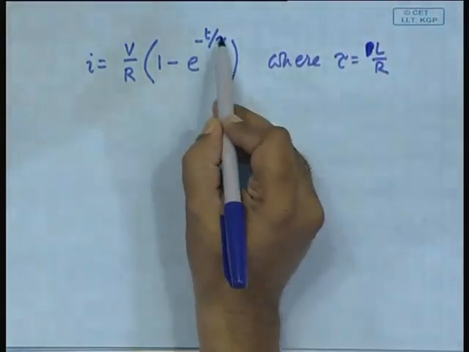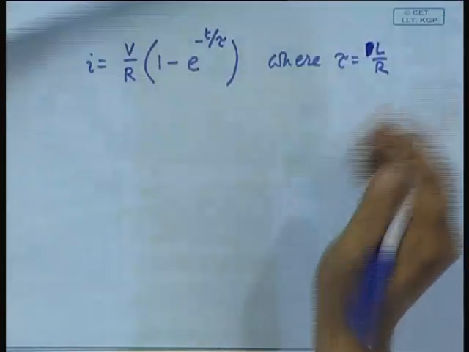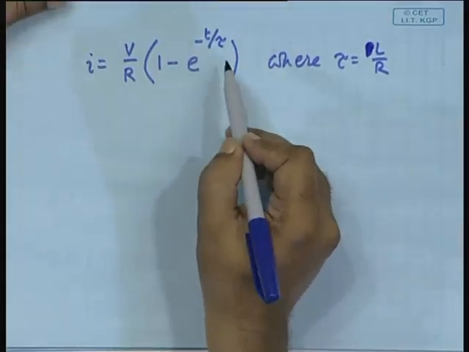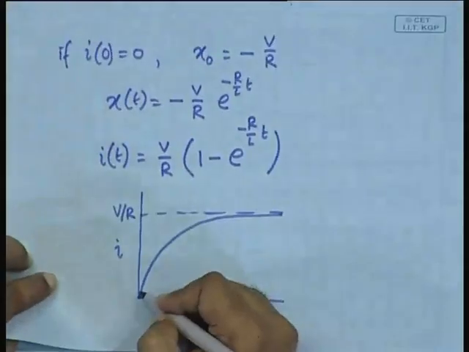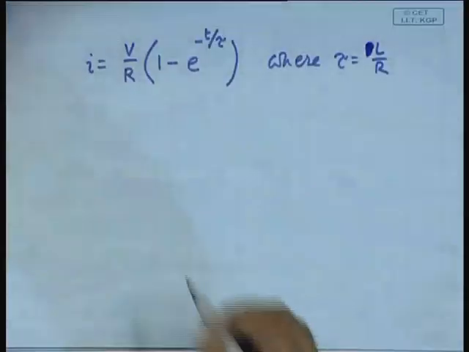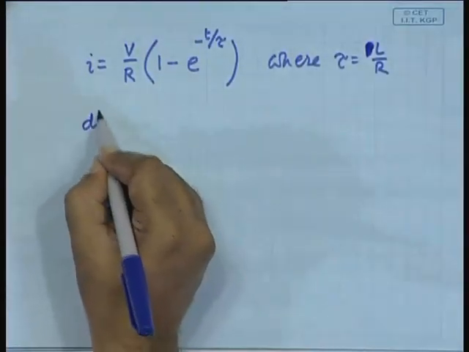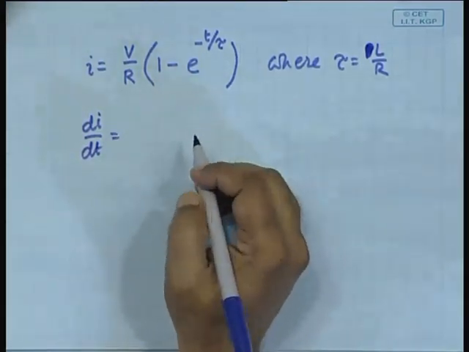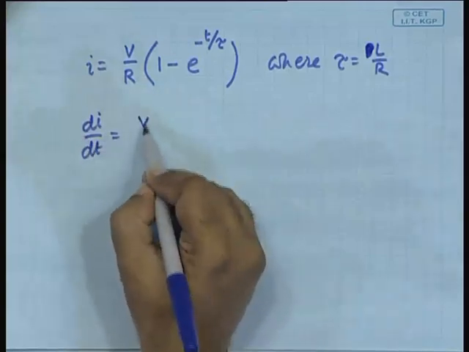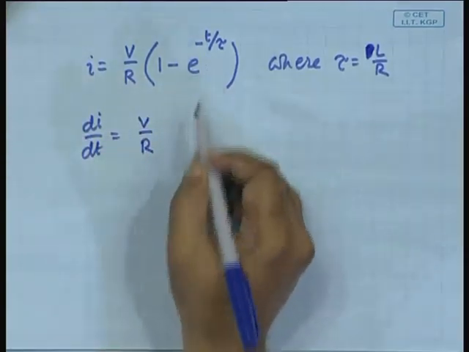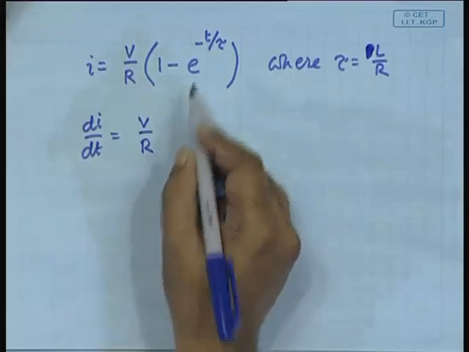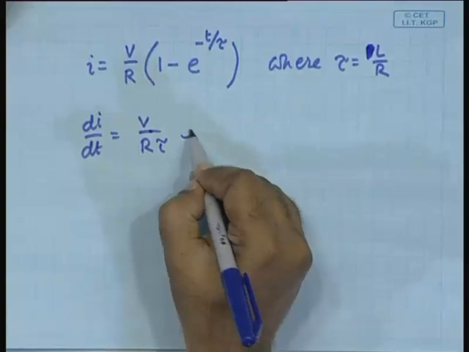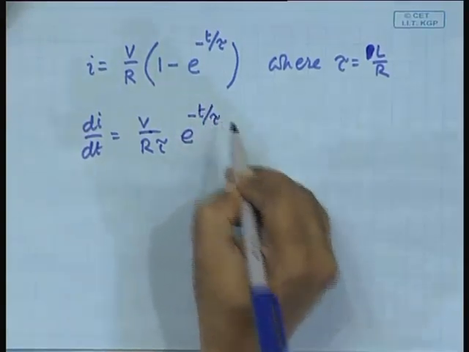Just to recall, what is happening is that, what does this say? Tau, okay, consider the solution, the slope of the solution exactly at this point. So, what is the slope of the solution? dI/dt is, from here, this goes off, it is V by R, then in the denominator there will be tau, and you have e to the power minus t by tau.